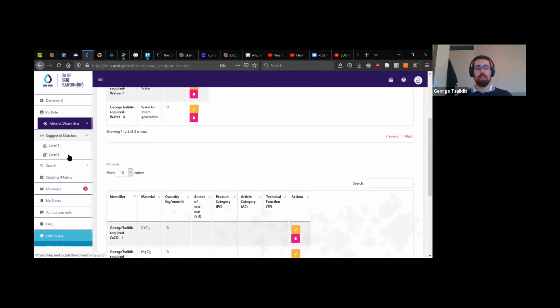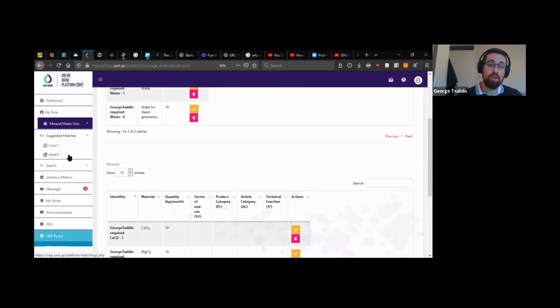So let's see in the matches, which are match level 1 and level 2. Level 1 depends on the kind of material, the location of the two companies, and also on the quantity of the required materials.